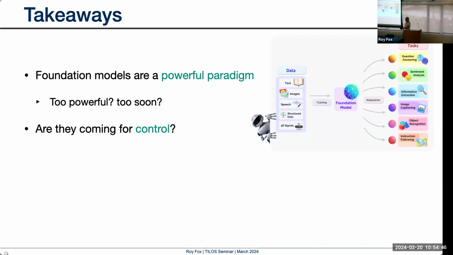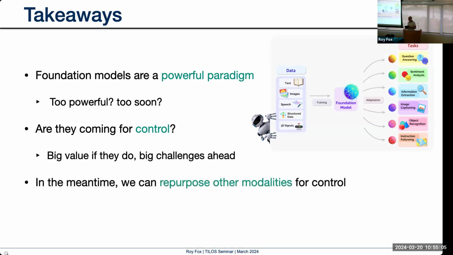That's a big question. I'm not going to risk guessing. My guess is that not soon, but I wouldn't really be surprised if they come out next week. It's possible. But I do think that there are big challenges ahead that we're not yet facing. And so in the meantime, we can use those foundation models we do have to improve our control.